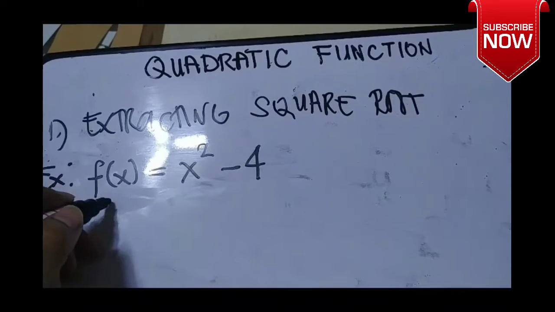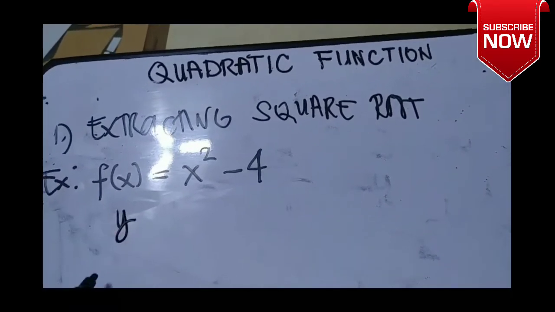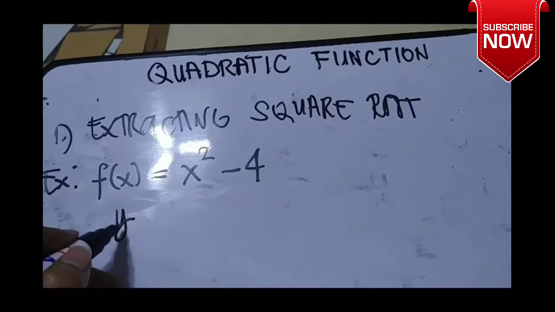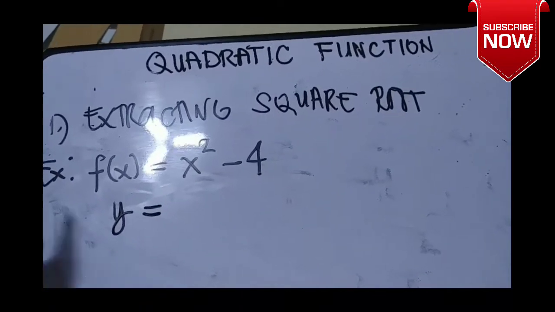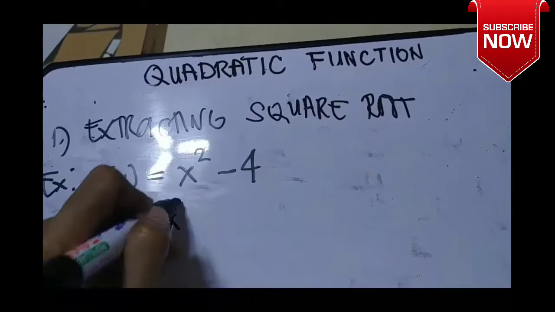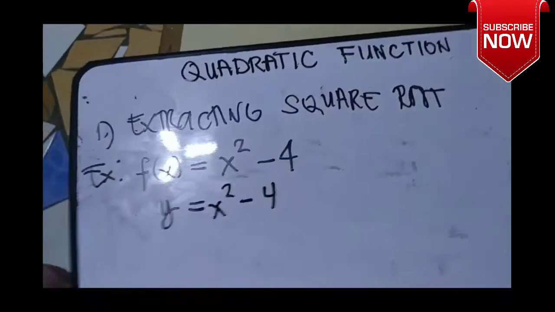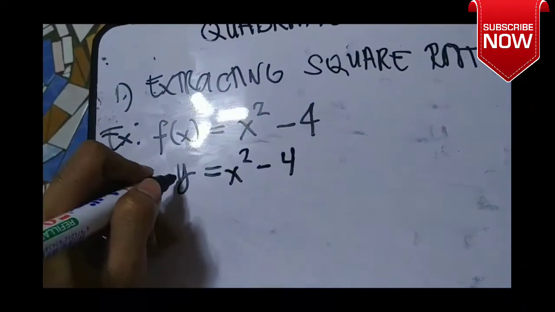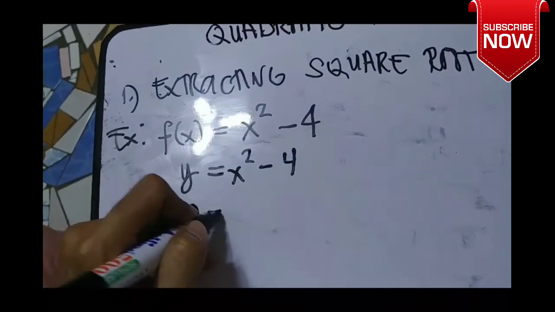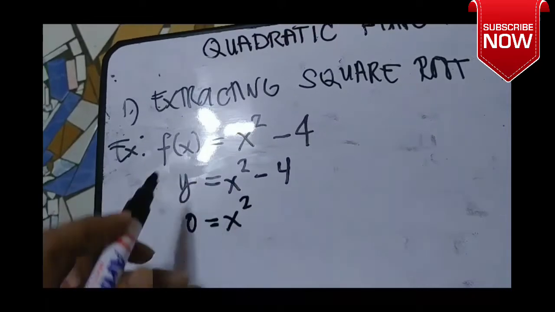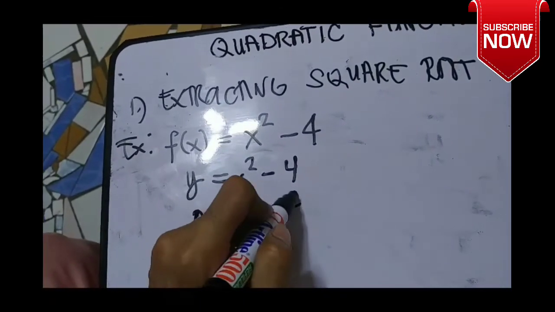By the way, ang f of x, yan din ang y. It also symbolizes y. So, pwede rin natin siyang i-rewrite na y is equal to x squared minus 4. So, as I've said earlier, we will let y is equal to 0. So, 0 is equal to x squared minus 4.